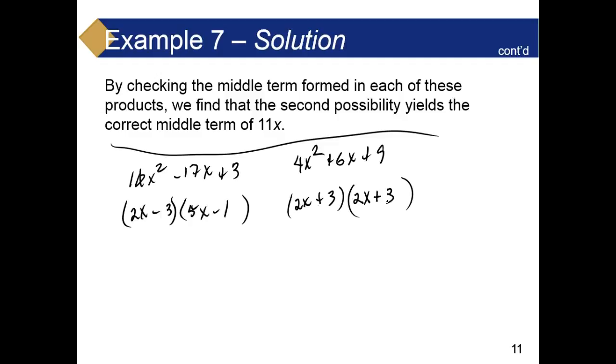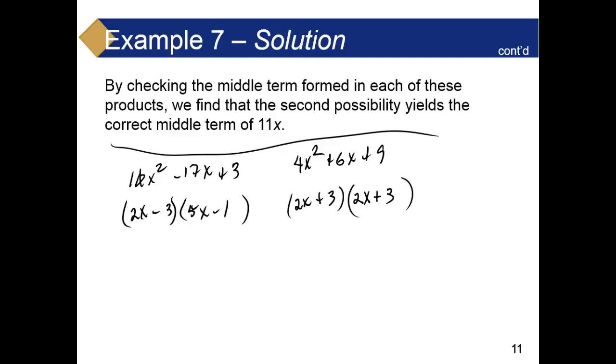Okay? And what happens here? What do you get? 4x squared. That works so far. Plus 6x. That's going to be plus 12x. Not going to work. You want to try another factorization.